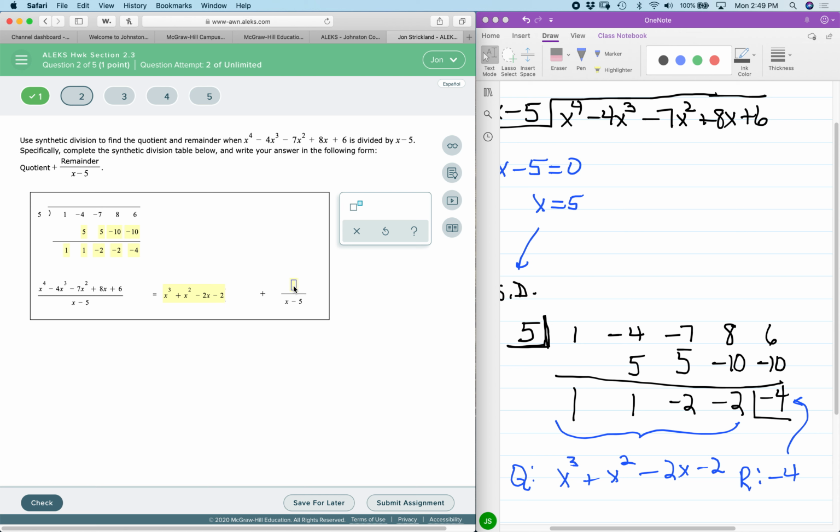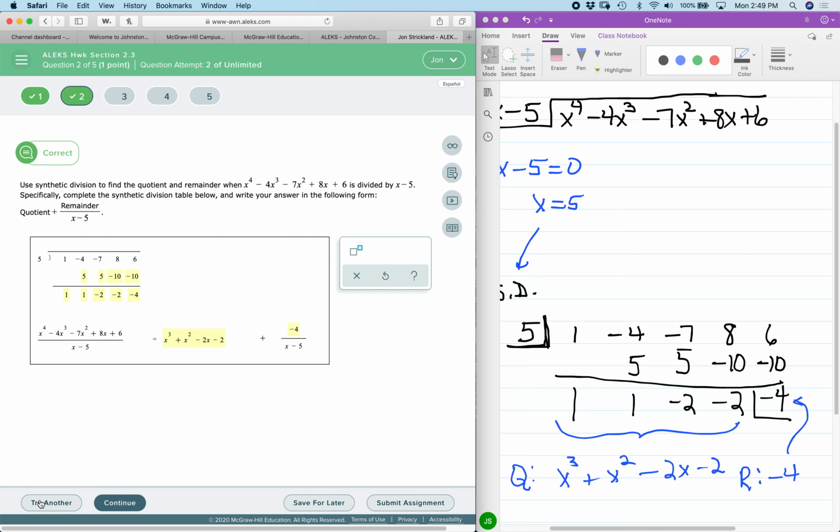And at the top is going to be the remainder, so we have negative 4 over x minus 5. And so in closing out and checking the result, we had the result to be correct.